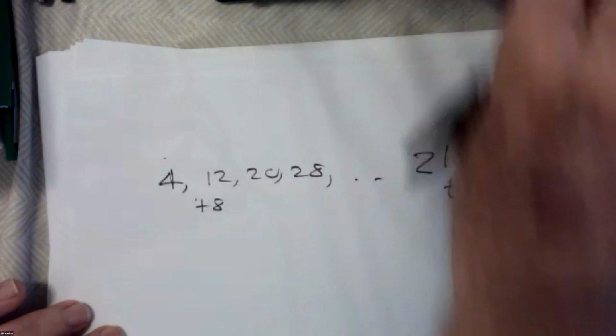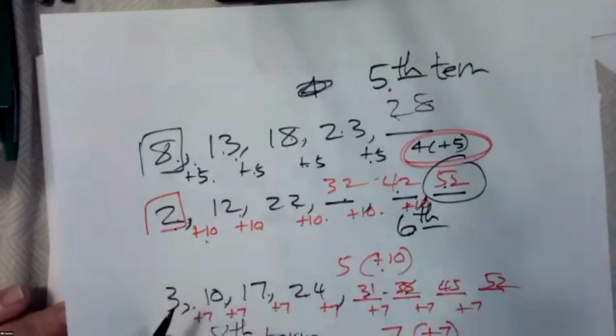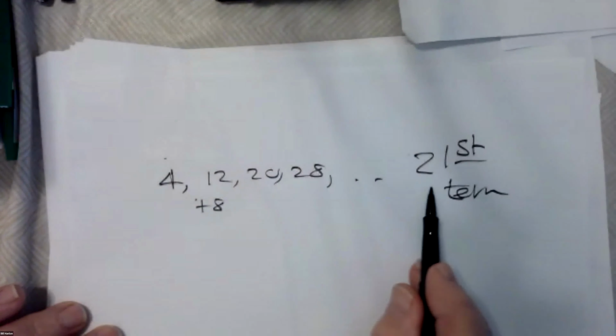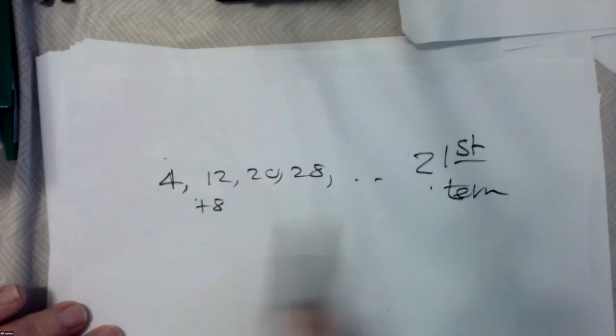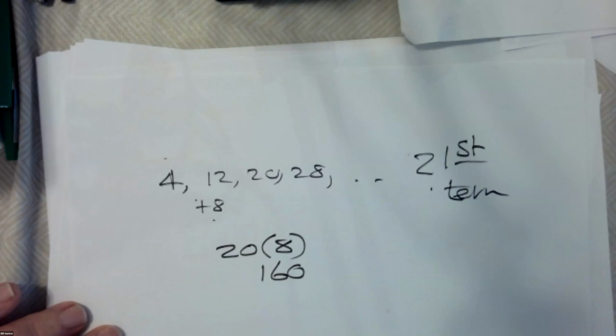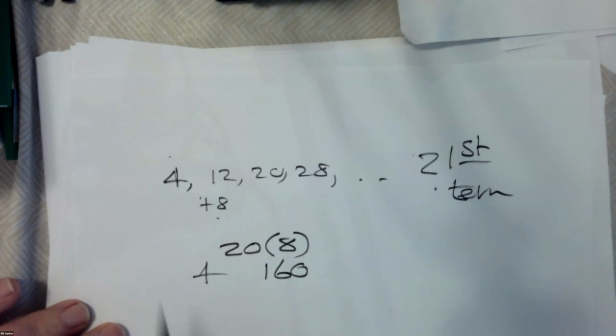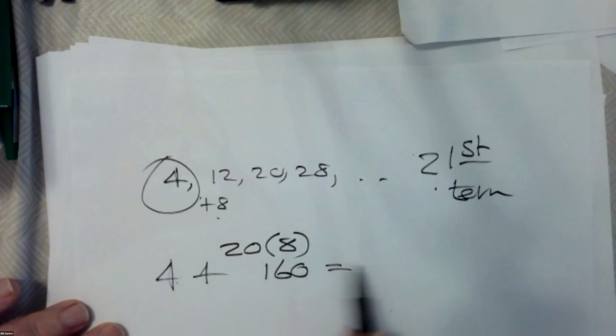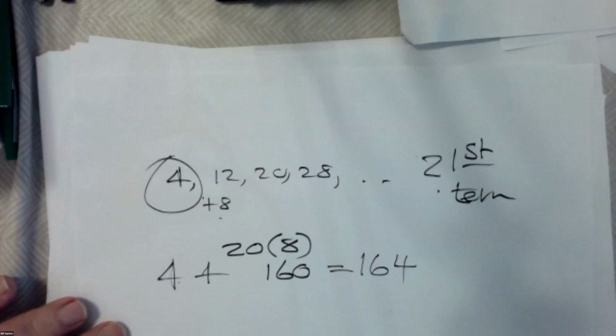And from this pattern over here, it looks like I'm going to add 8 one less time than the term I'm looking for. So I'm going to add 8 20 times. So I'm going to add 160. But what am I adding 160 to? The first term. So it's going to be 160 plus 4. My 21st term will be 164.